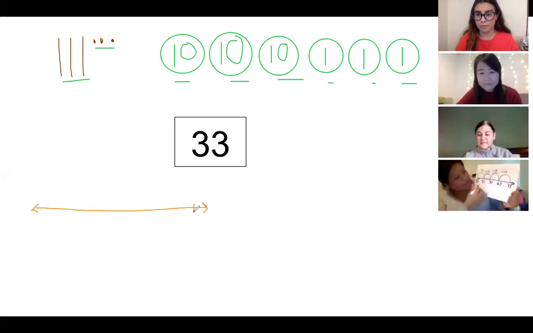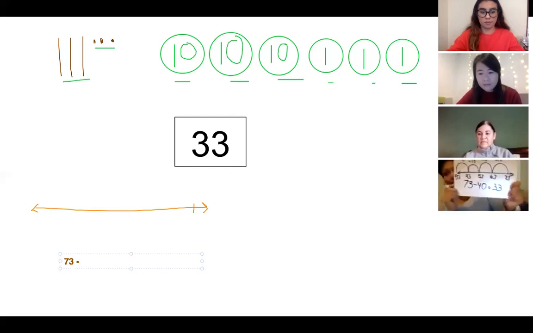So if we're looking at a math sentence here, 73 minus my hops, 10, 20, 30, 40, is going to give me back 33. So my minuend had to be larger than my subtrahend, than my difference here.